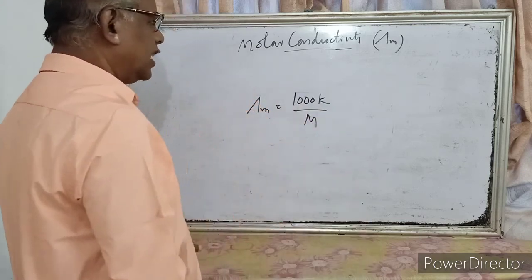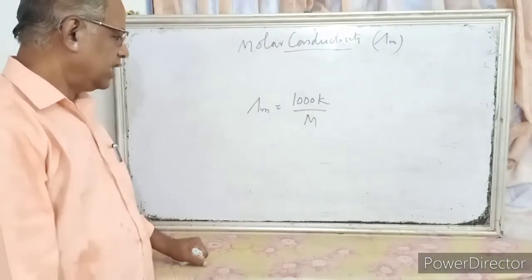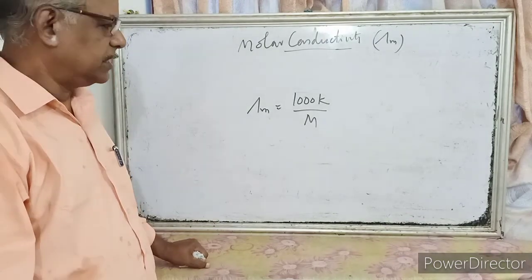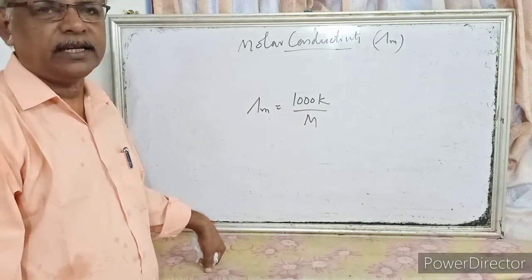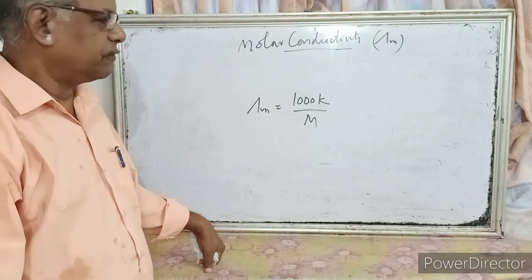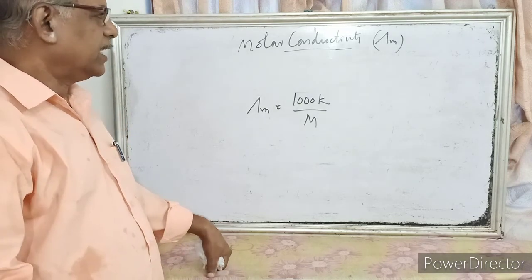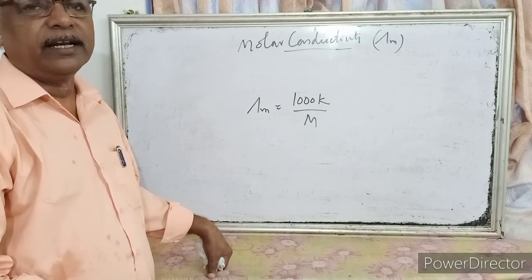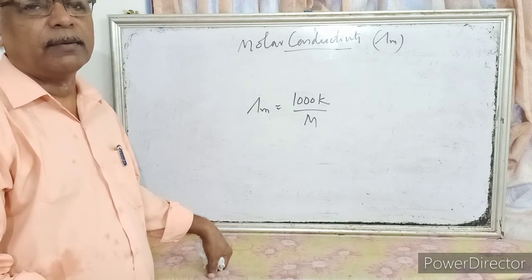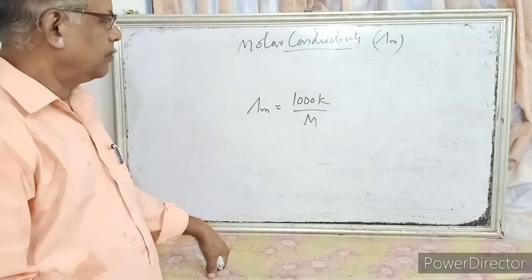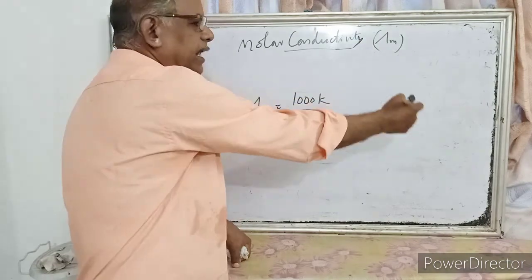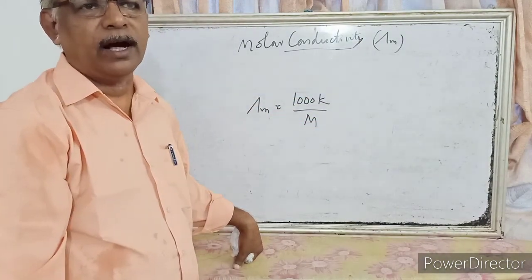You can calculate molar conductivity using this formula, where K is the conductivity and m is the molarity of the solution. Molar conductivity is the conductivity of a solution containing 1 gram molecular mass.